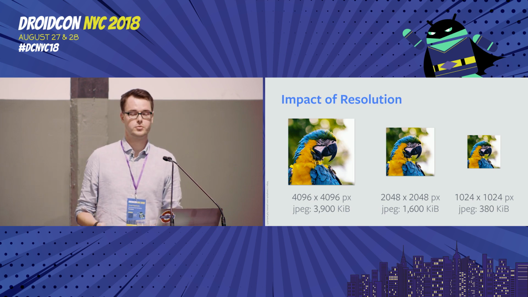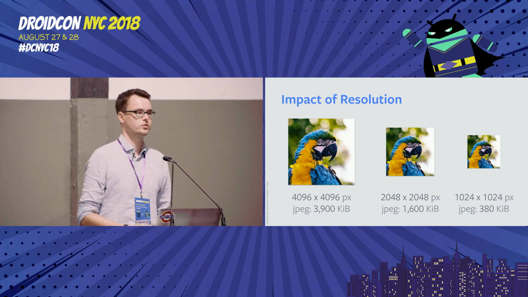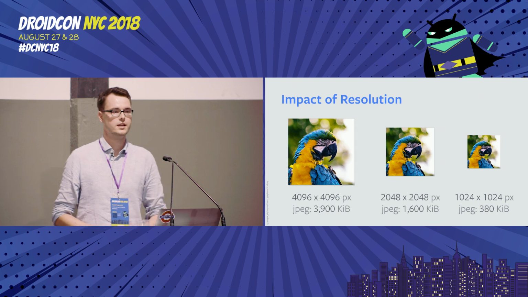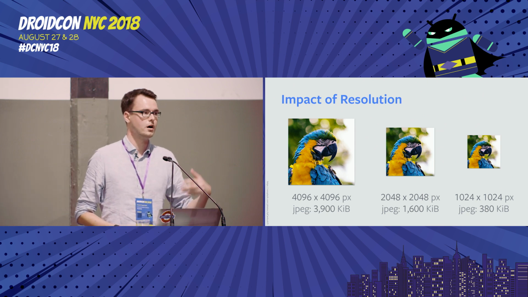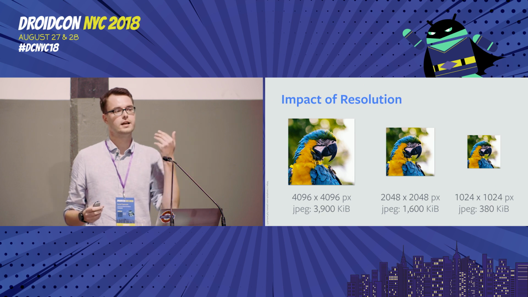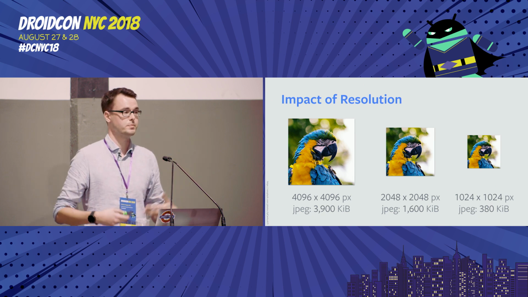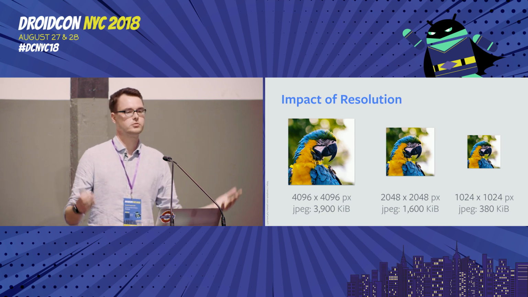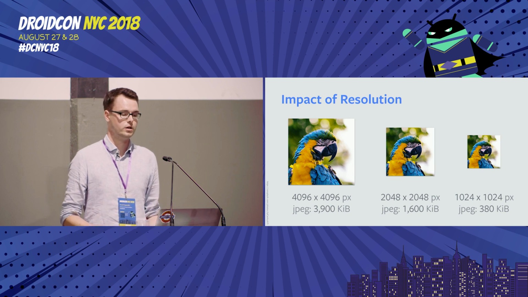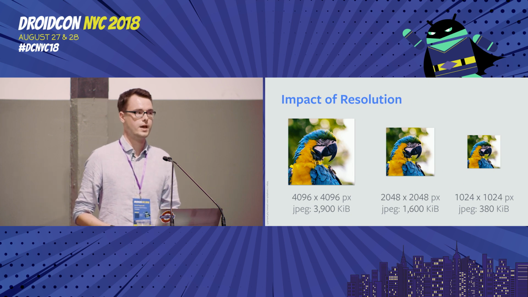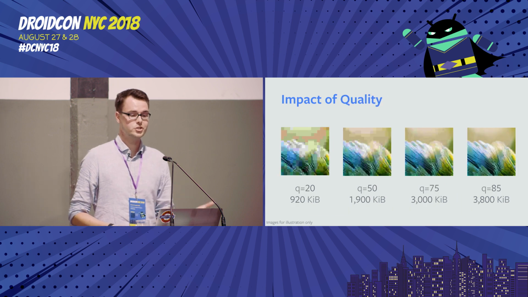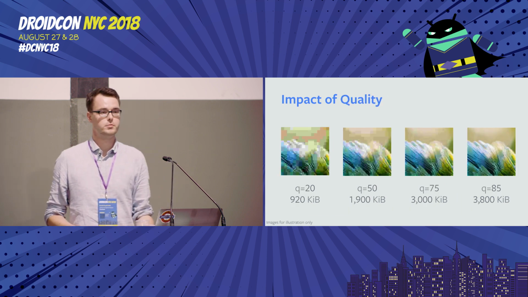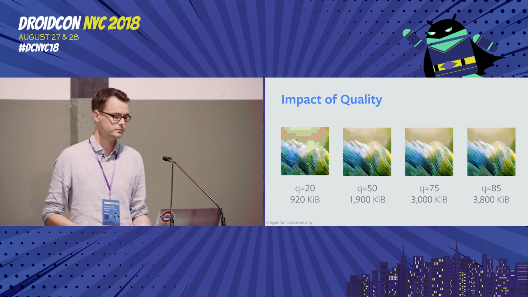One important leverage we have is we can decrease the resolution. So we take that original image and decrease the number of pixels. Those 3 images on this slide all decrease their side lengths by factor 2 with every step, which basically means the number of pixels decreases by a factor of 4. And this has a very profound impact on the actual file size. The other leverage we have is the quality parameter we pass to our encoder.